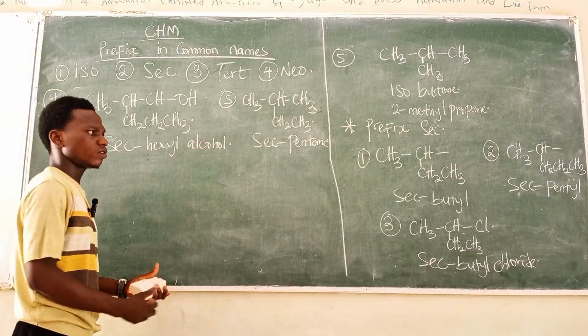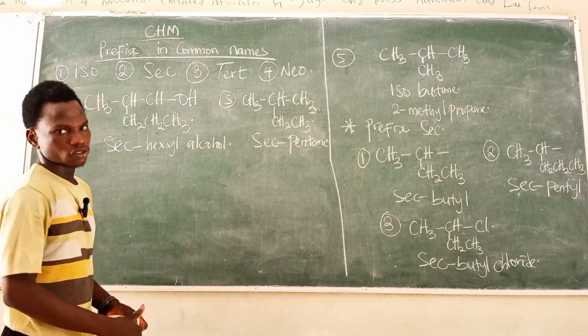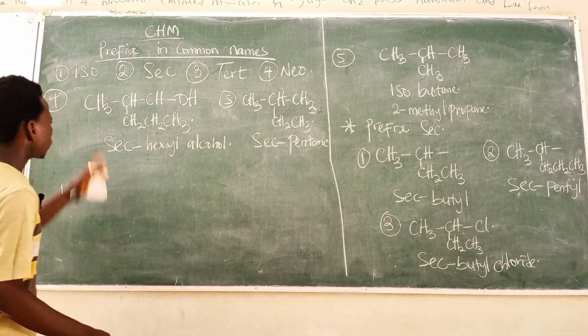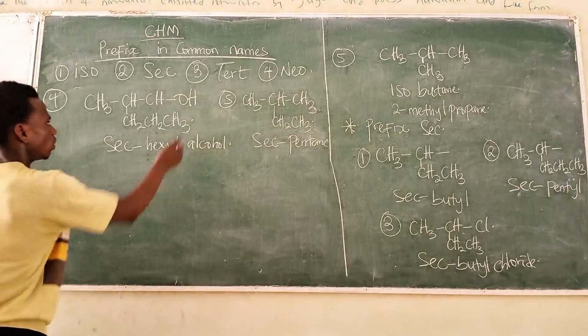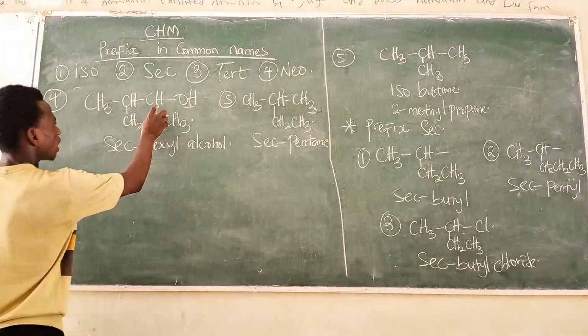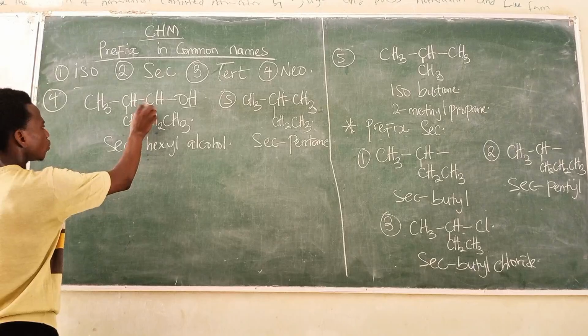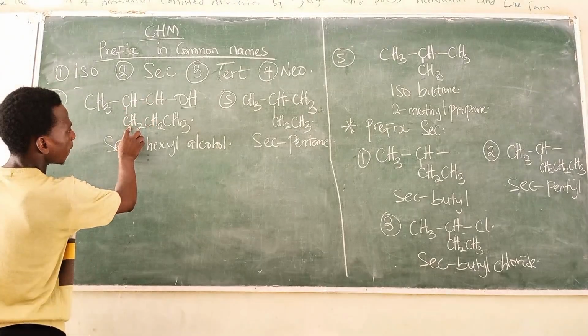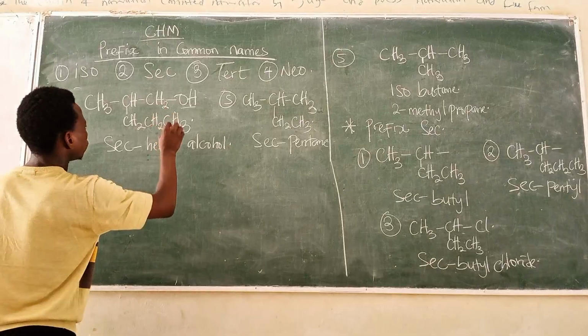Now you can feel free to try the IUPAC name of the first three structures that we tried. So now the IUPAC name of this particular structure: first of all, you identify your functional group, which in this case is OH. So counting by this, the longest continuous carbon chain in this case is 1, 2, 3. This was supposed to be CH2.